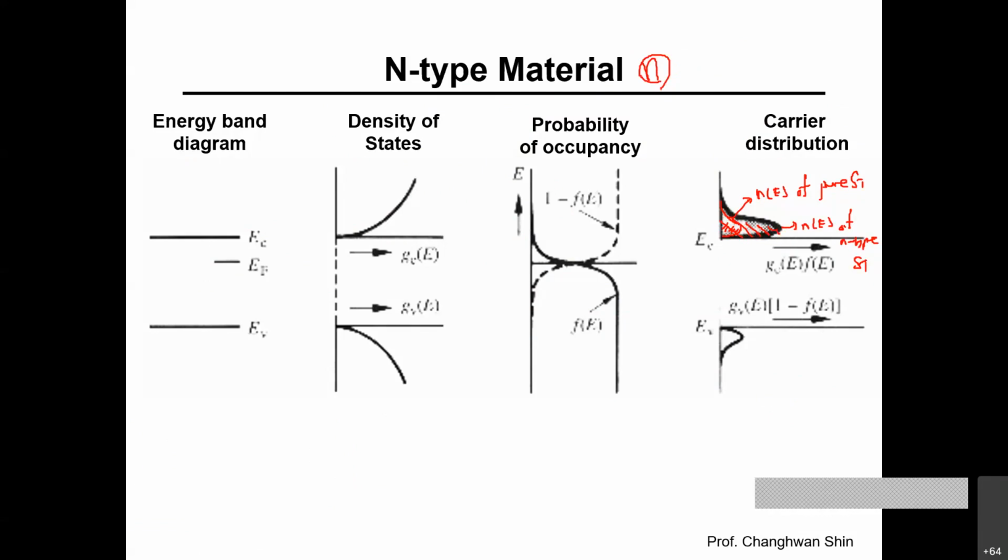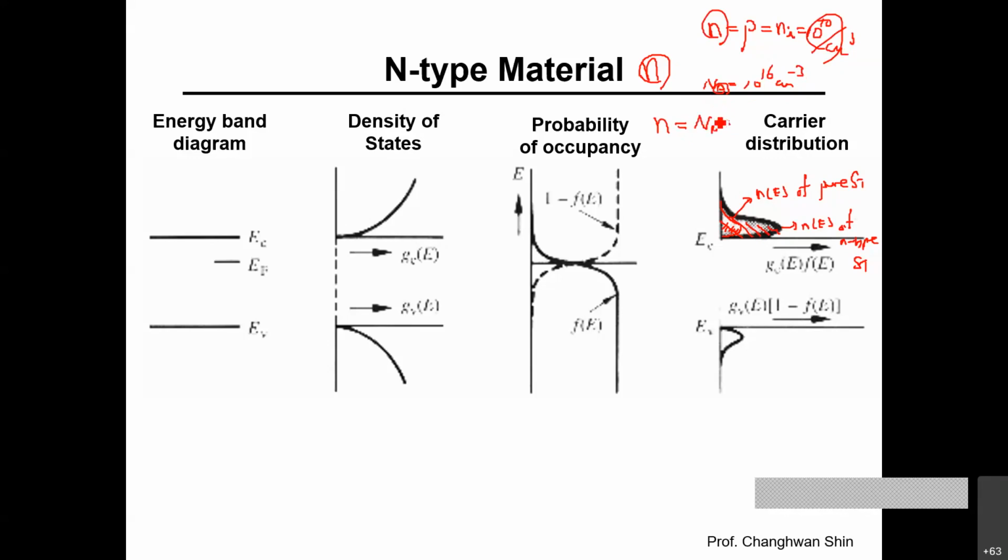For example, in the intrinsic case, electron concentration is 10 to the 10 per cubic centimeter. However, once the donor has been injected, say 10 to the 16 per cubic centimeter into the pure silicon, how many electrons do we have in this n-type silicon material?